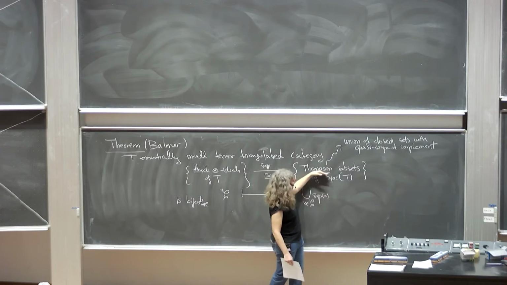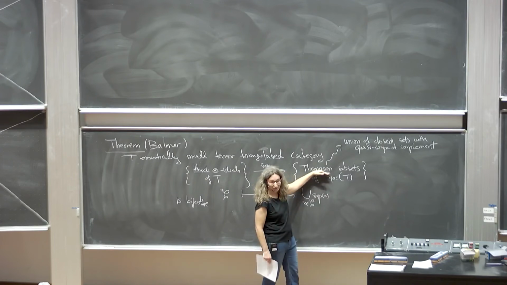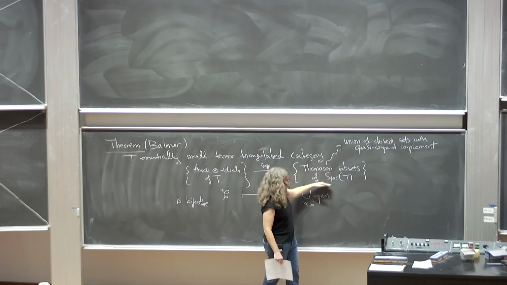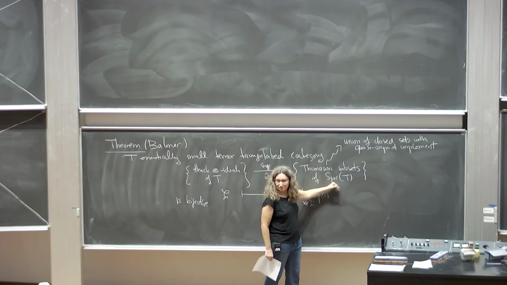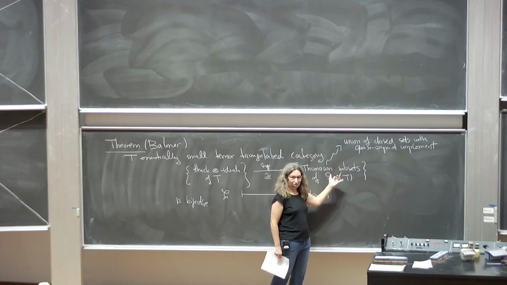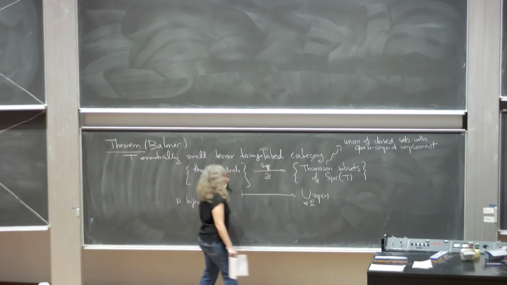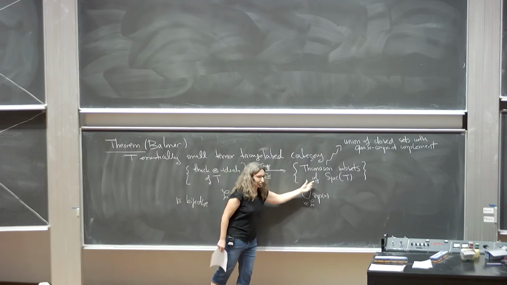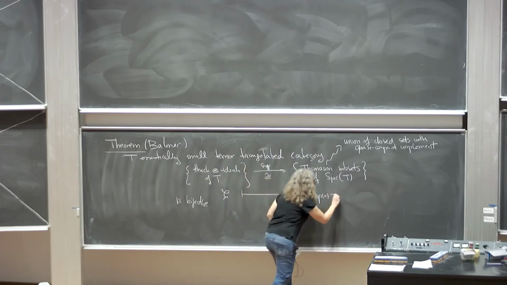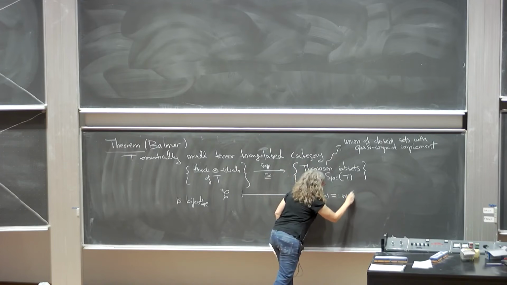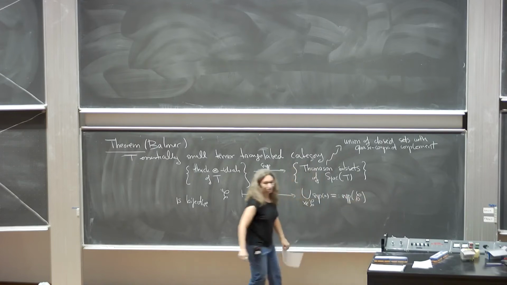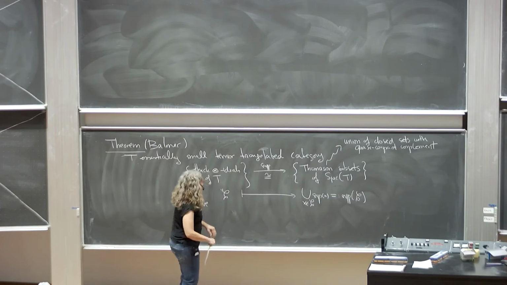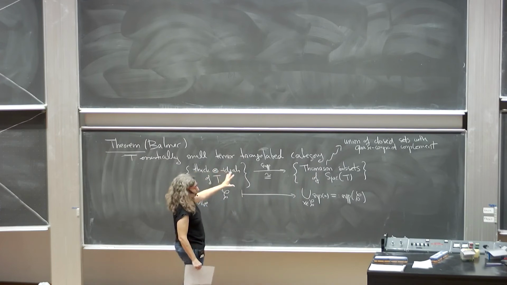Here the topology comes into play when you say Thomason subsets of this topological space, right? So you take any Thomason subset, and that will describe a unique thick tensor ideal, and any thick tensor ideal is described uniquely by its support. So let's call this the support of C, right? So this is in this context.